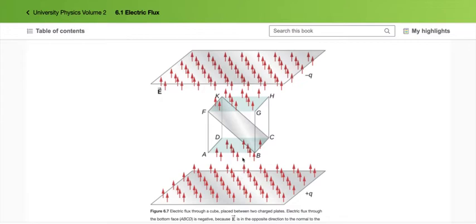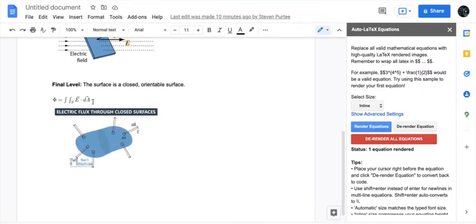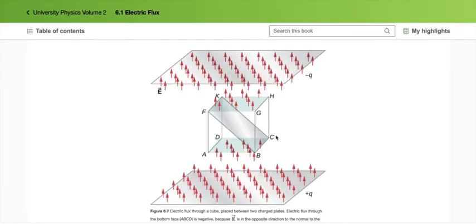So that electric field is flowing through this cube. If I wanted to calculate the flux through that cube, in general, I would have to do this integral. In this particular case, we can figure this out just using logic and come up with an answer.